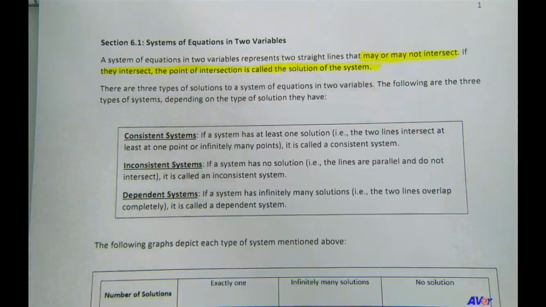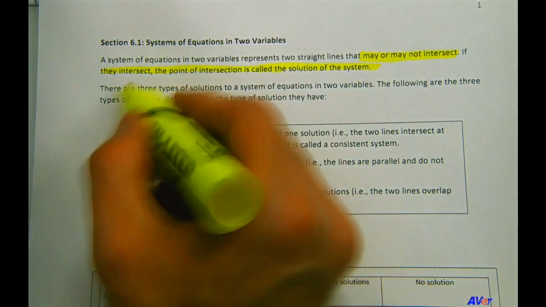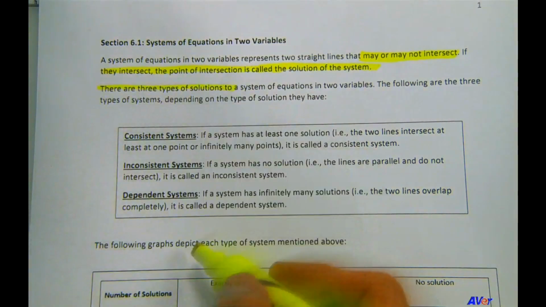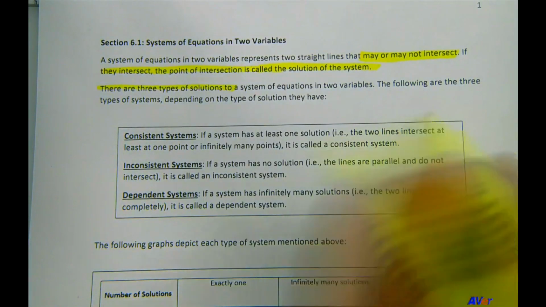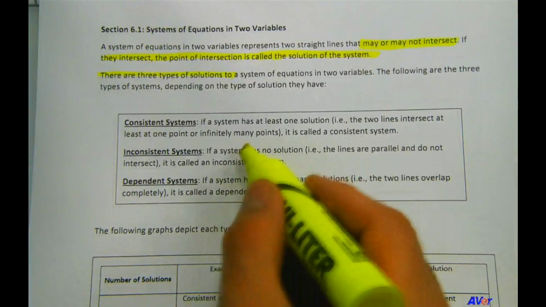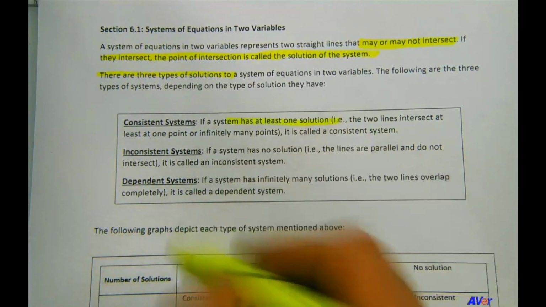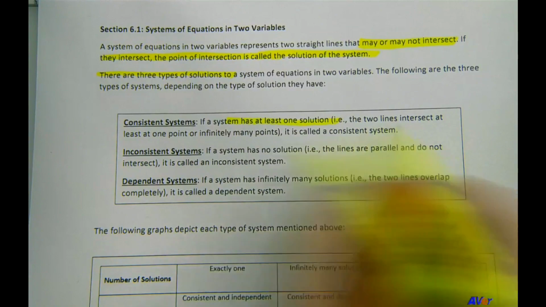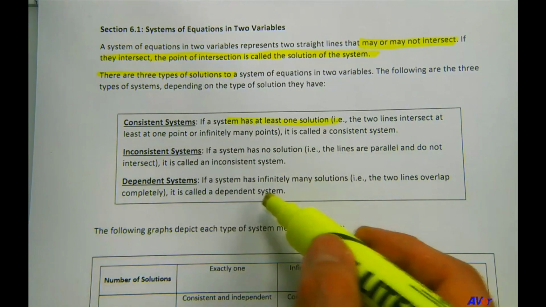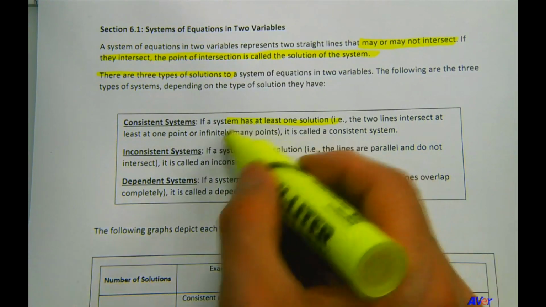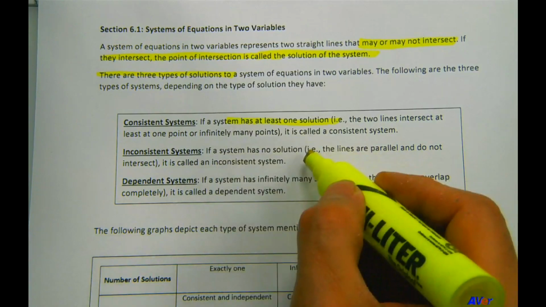Wherever they intersect, that's the solution of the system. And as we said, there are three types of solutions. If the system has at least one solution, that's when the two lines intersect at one point, or infinitely many points.